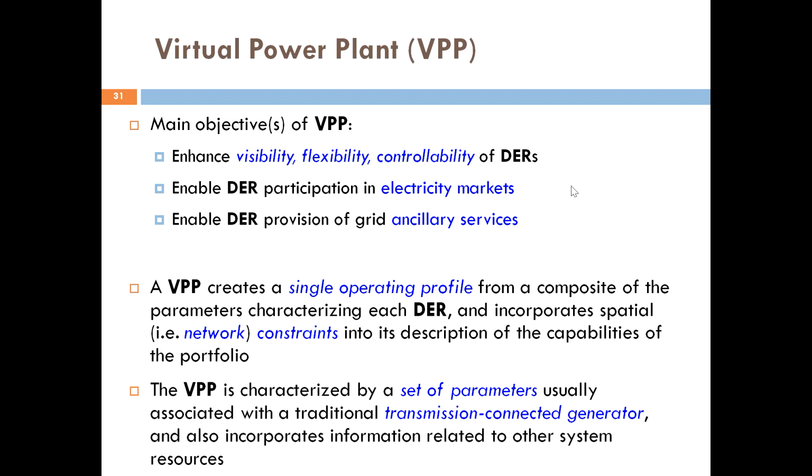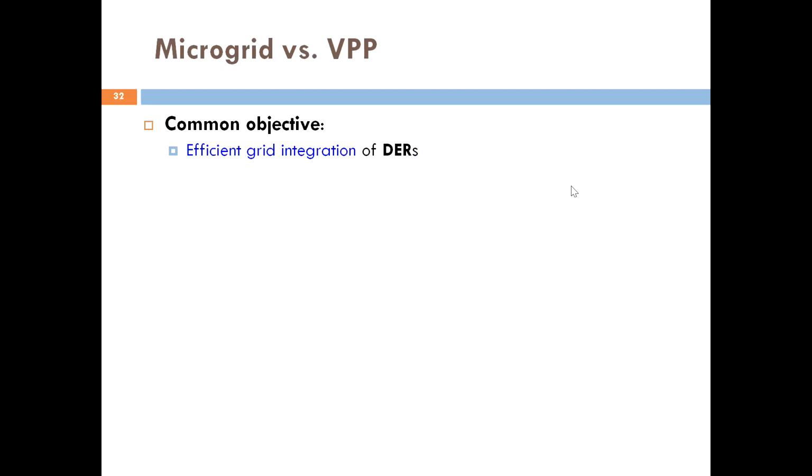Now, we have talked about these two approaches to the grid integration of DERs. A question that we may want to ask is, what are the similarities and what are the differences between a microgrid and a virtual power plant?